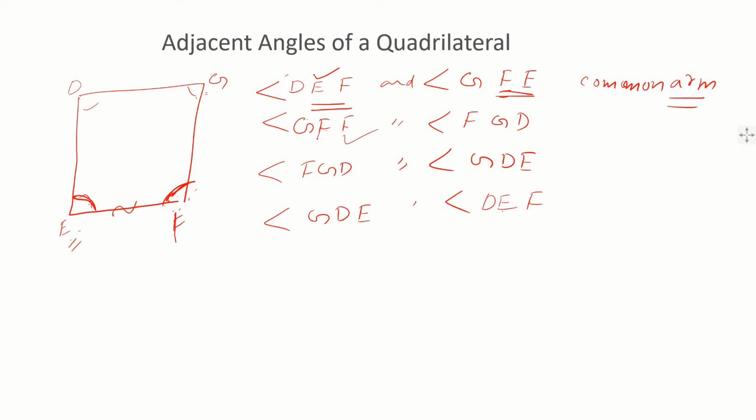There also you can see common arm, common side, which is FG. If you look at GD side and GD side, here DE side and DE side. So there will be a common arm when you are having adjacent angles. Common side will be there.